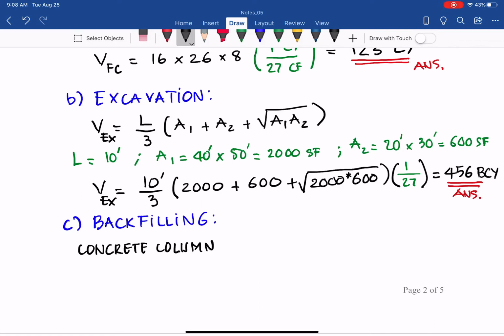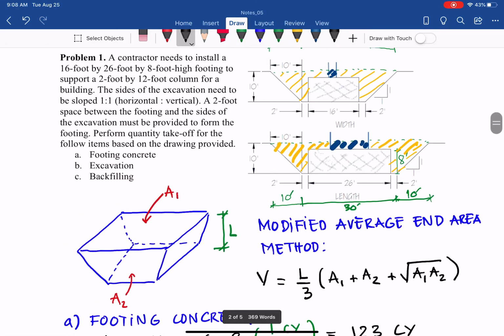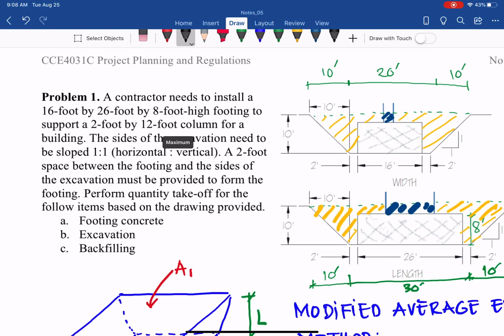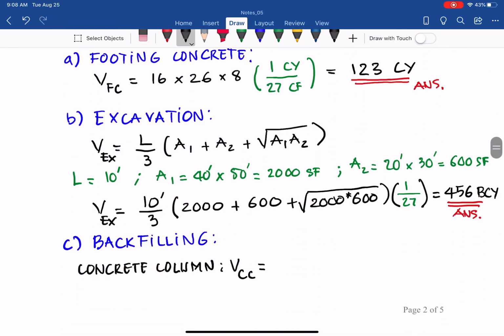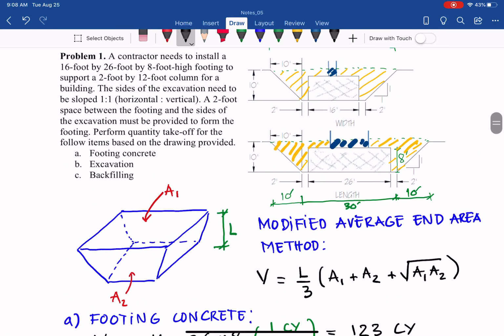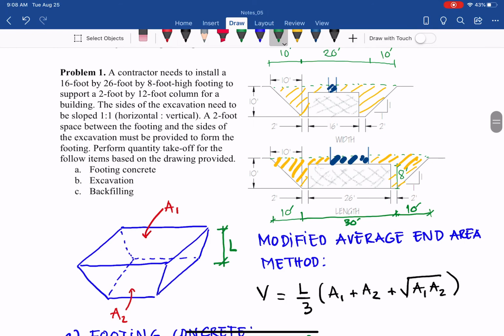that occupies under the ground. So that is V, I put CC, and it equals, as you can see, the column they give us is a 2 foot by 12 foot column. So that is the area 2 times 12, and then the height. You can see the height 8 here, and the total is 10. So the height here will be 2 feet.